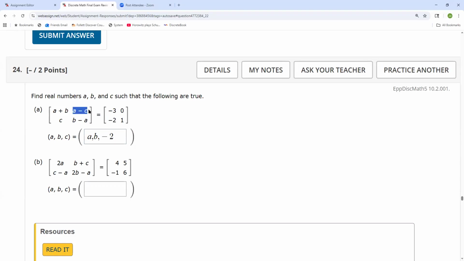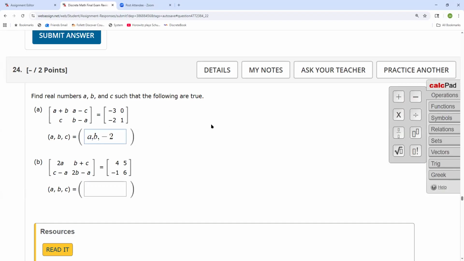If you have the equation A minus C equals 0, what you can do is you can bring the negative C on the left side to the right side. So you get positive C on the right side. So then you get A equals C. So A has to equal C. What is the value of C though? -2. So A has to also equal -2.